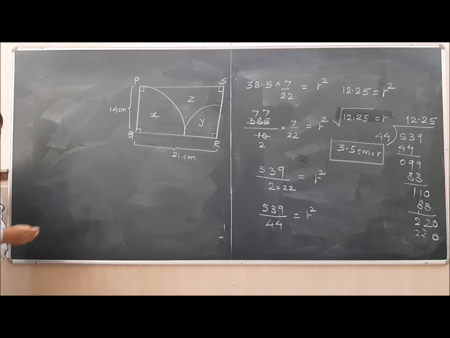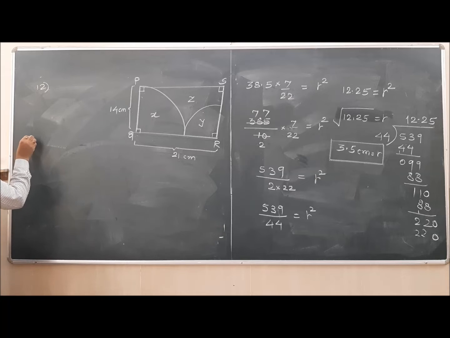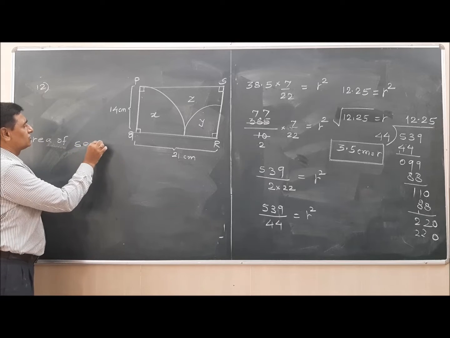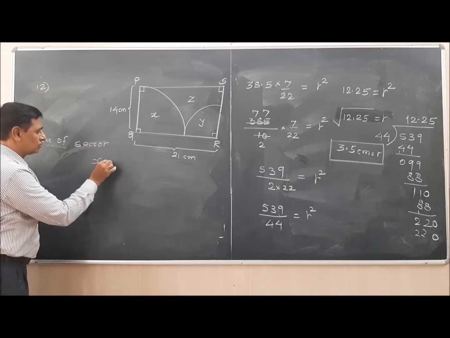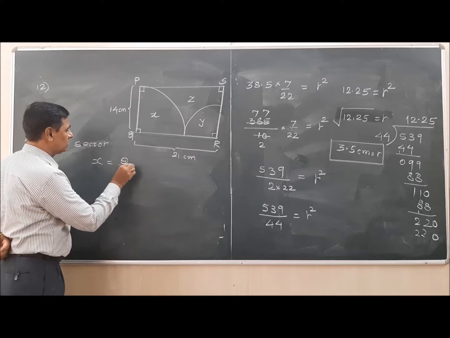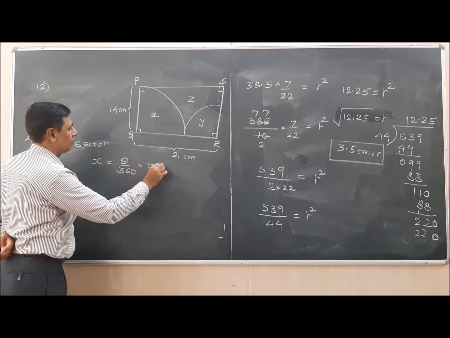So this is question number 12. In this question number 12, first one is area of sector X. Area of sector X is equal to, formula is theta upon 360 into pi r square.